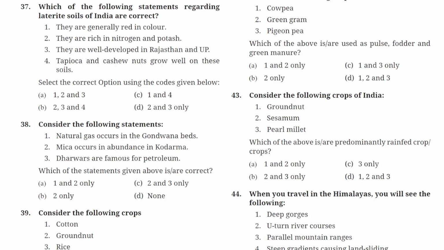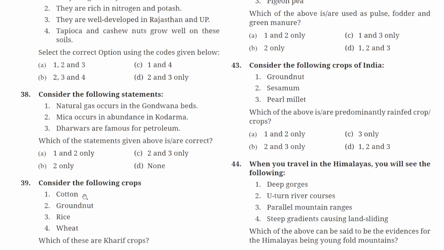Kodarma region is one of the highest producers of mica in India. Dharwad region in Karnataka: minerals found there are bauxite, kaolin, and red ochre, but not petroleum. So answer to 38 is B, 2 only.